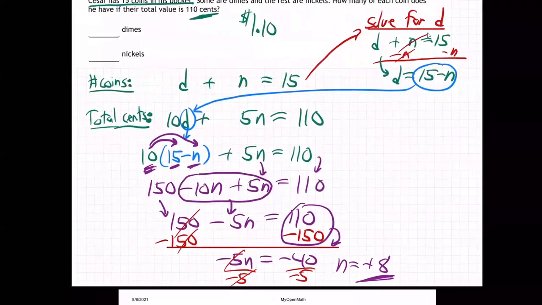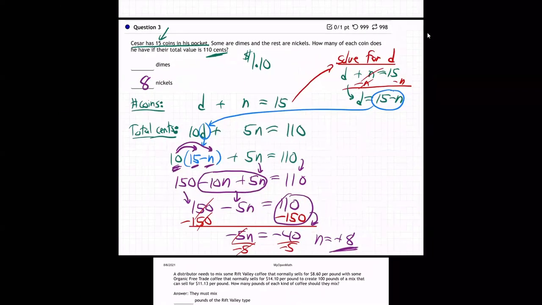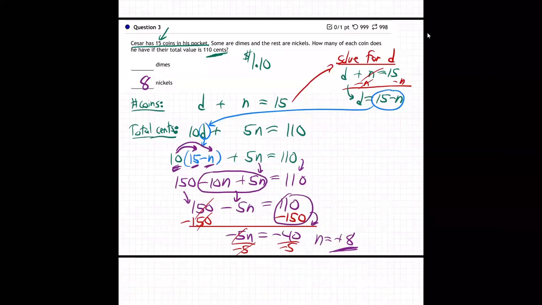Come back up here and I can put in that answer for nickels. 8 nickels. Now, how am I going to get dimes? Well, you can plug in anywhere you want. Or probably the easier way, you can just look right here and go, look, it's 15 coins total. If there's 15 coins total and there's 8 nickels, then just subtract from 15. Is that making good sense?